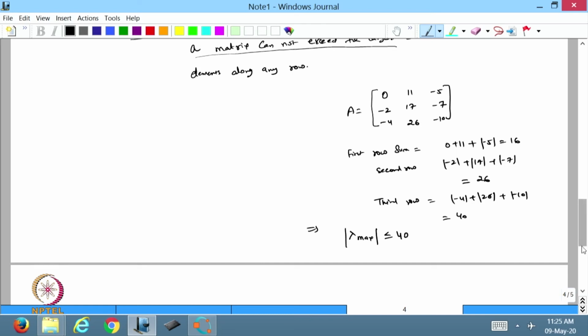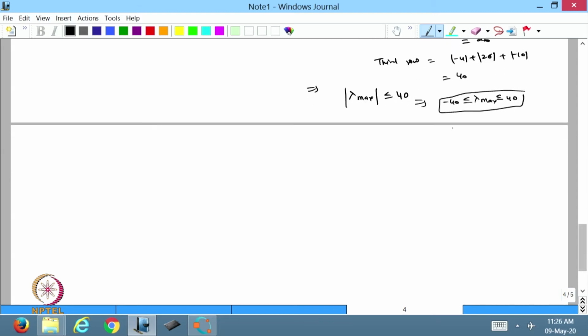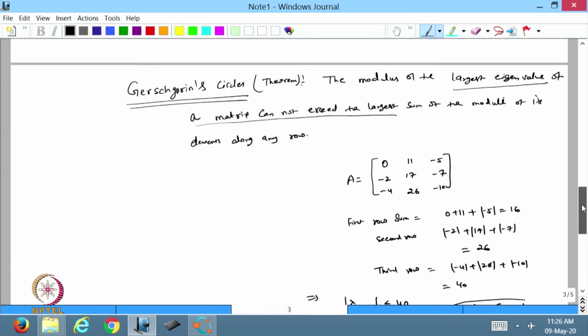From here you can even define the range, from minus 40 up to 40. So, all the eigenvalues of this matrix lie between minus 40 and 40. That is the bound for lambda. This is the way we can find it.